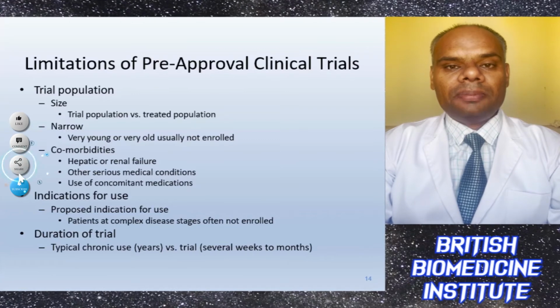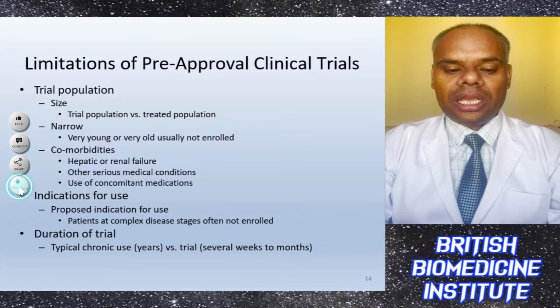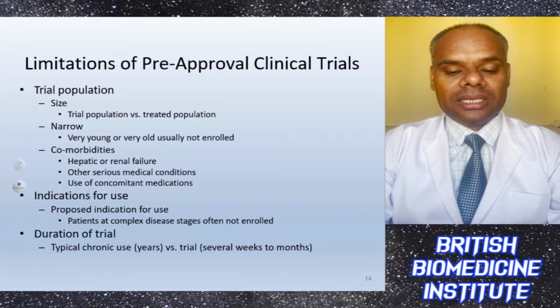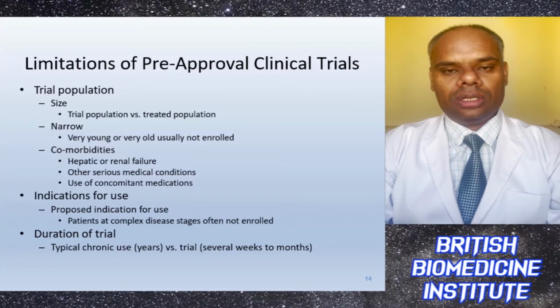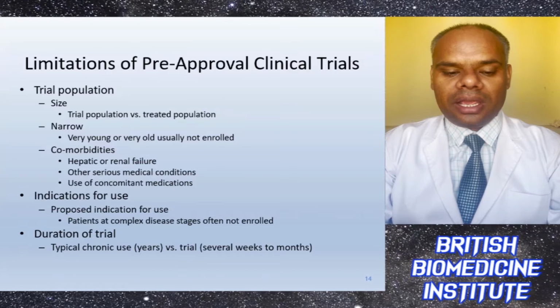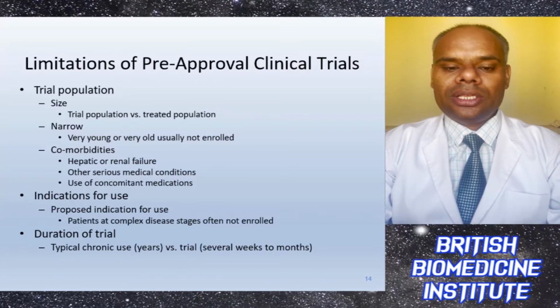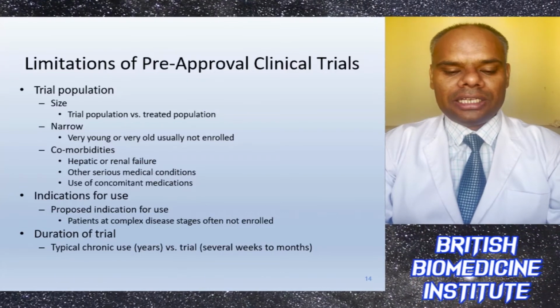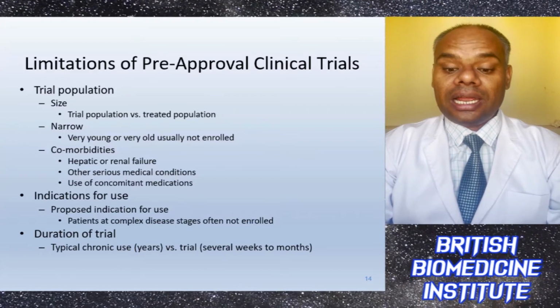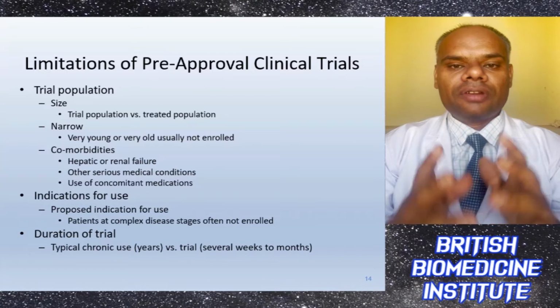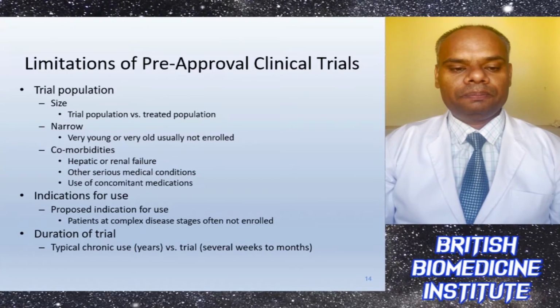Based upon the indication of use, patients with complex disease are often not enrolled. As for duration, there will be typical chronic use over years, whereas a trial usually lasts for several weeks to months.